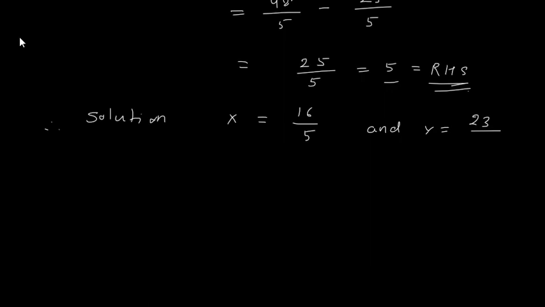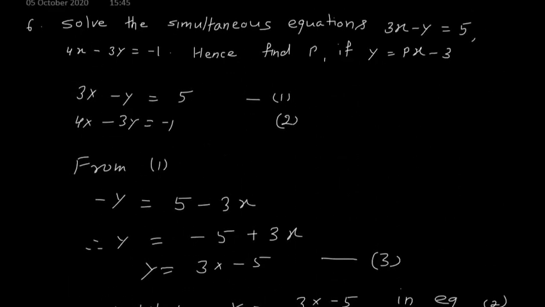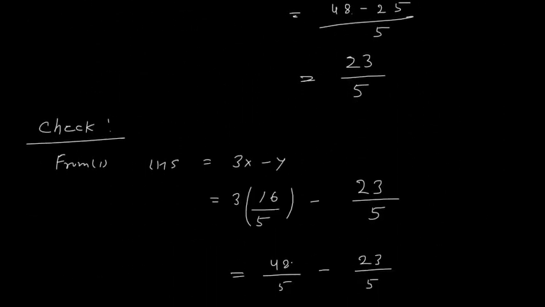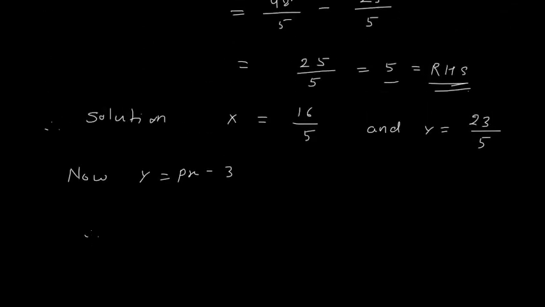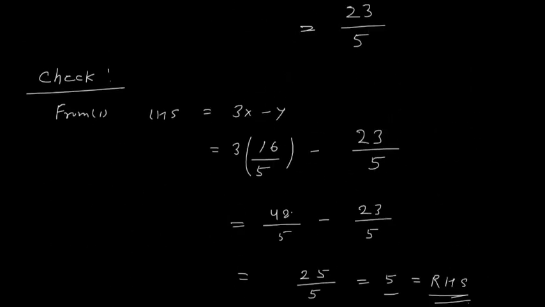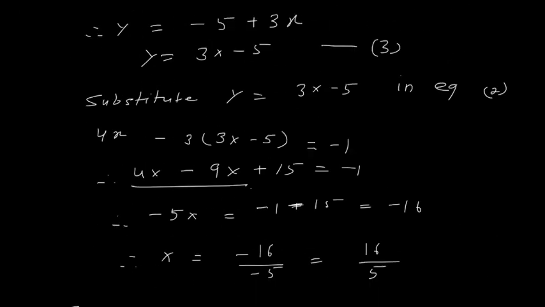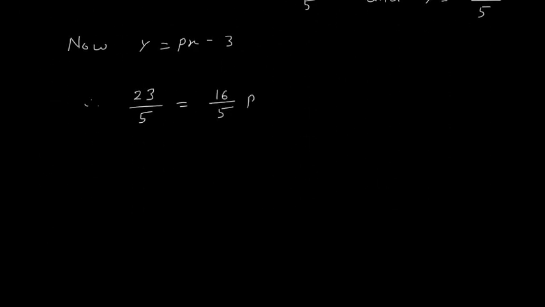Okay, now we have to find the value of p when y is equal to px minus 3. Now y is equal to px minus 3, therefore y is 23 upon 5, equal to px minus 3, where x is 16 upon 5, so px is 16 upon 5 times p.